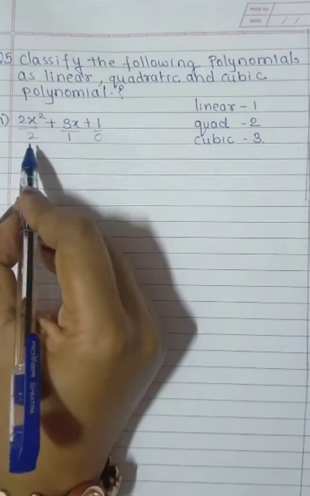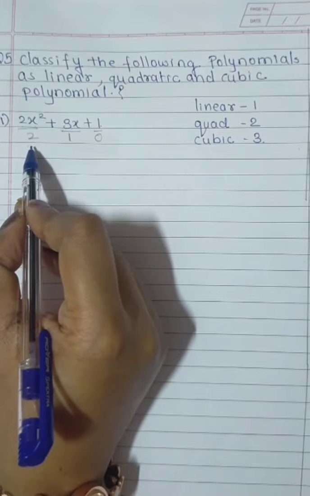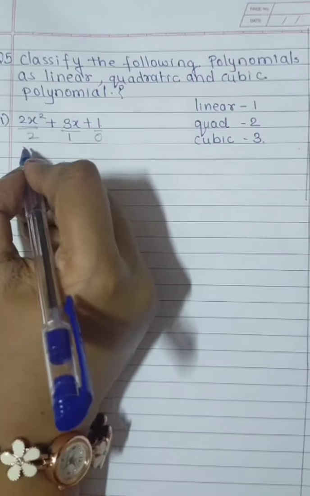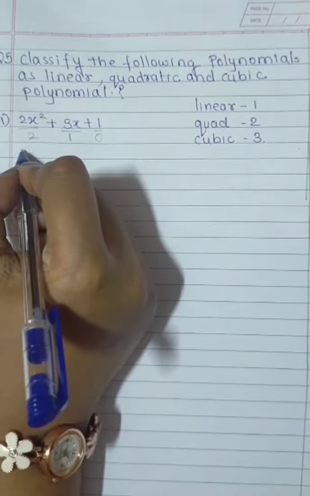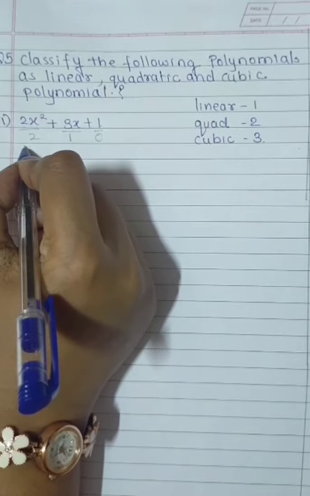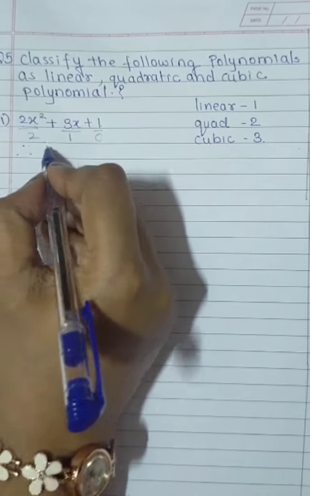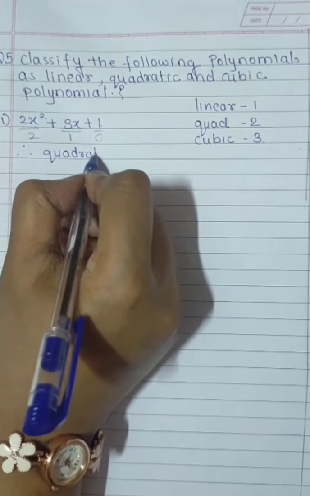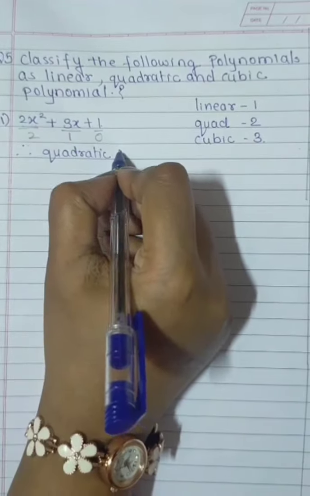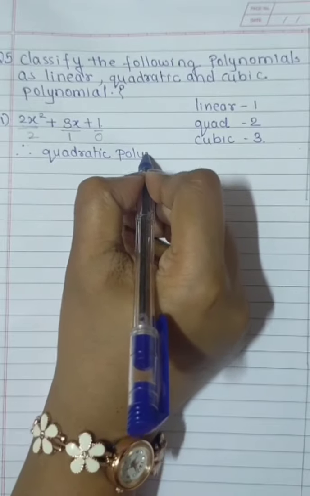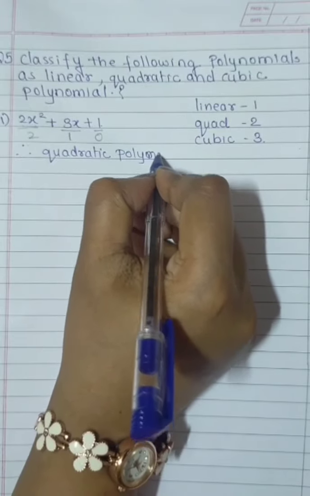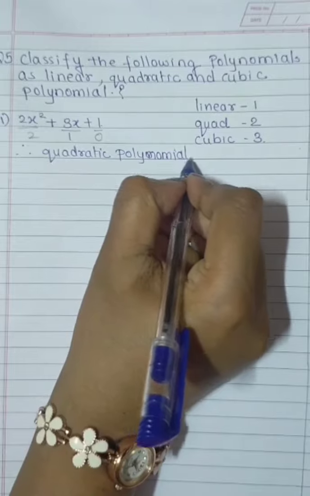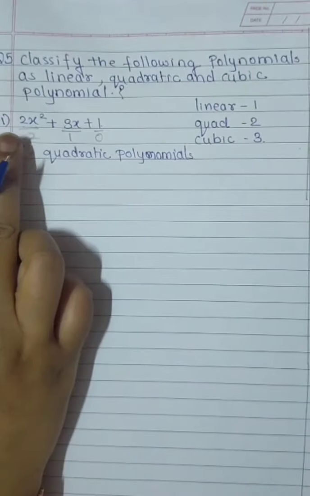Now here the bigger degree is 2. Therefore it is a quadratic polynomial. Okay, it's a quadratic polynomial.